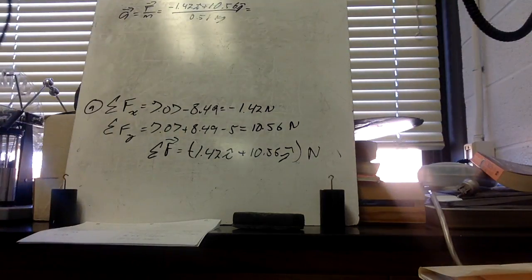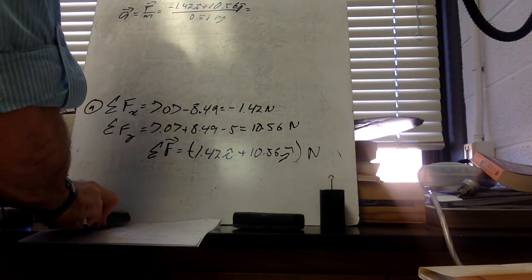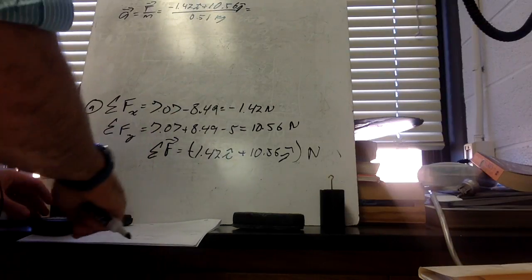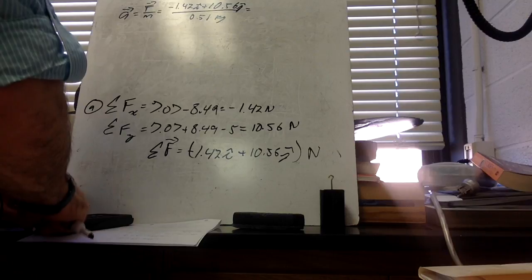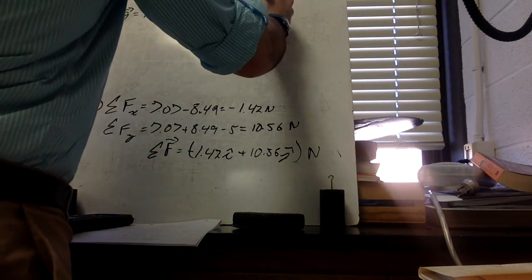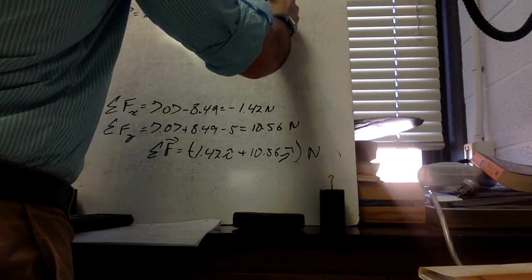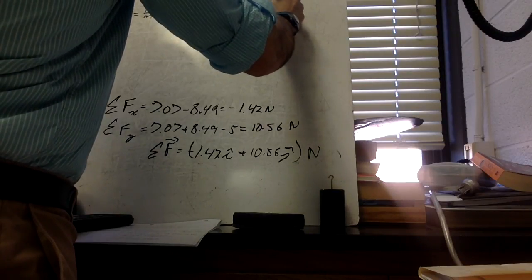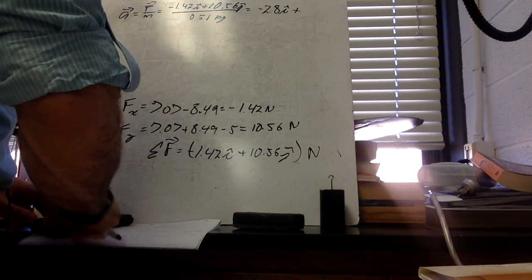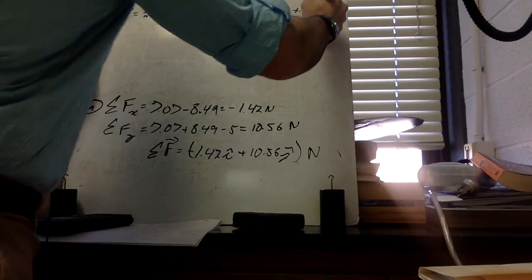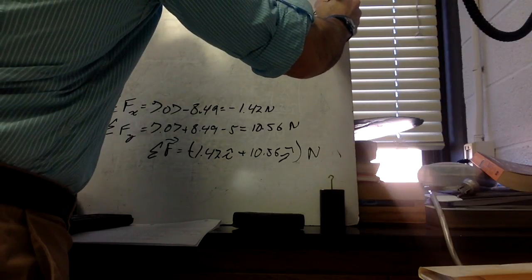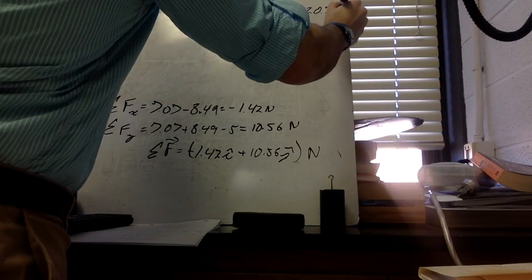And so the acceleration vector, now I need to get my calculator out, is going to be negative 2.8 i plus 20.7 j meters per second squared.